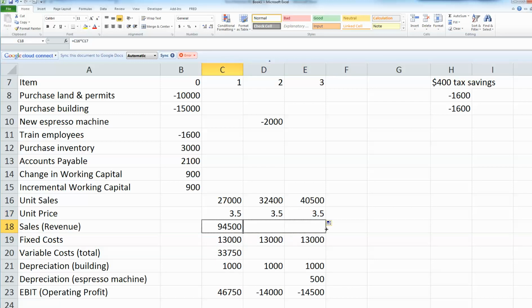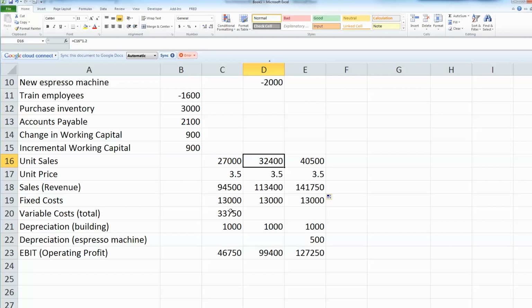And I can copy the sales formula across to get sales, and it will multiply price times units. Variable cost, I can copy that across as well. So it's taking $1.25 times the expected unit sales for years 2 and 3.